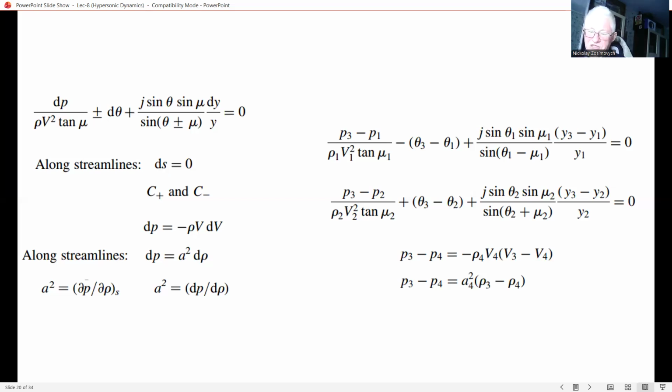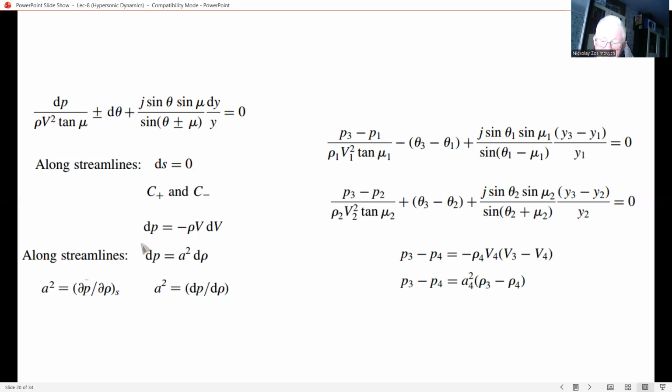So this equation, ds equals 0, can be replaced by two relations that depend on constant entropy along a streamline. Along a streamline, we can write dp equals minus rho V times dV.